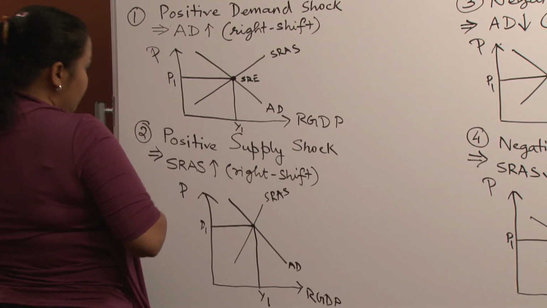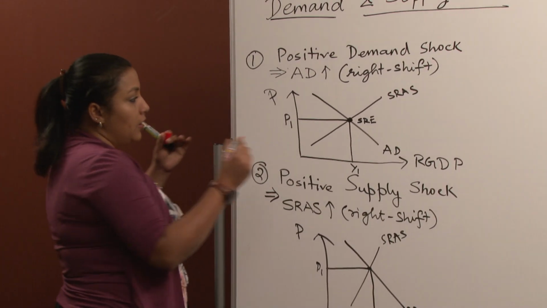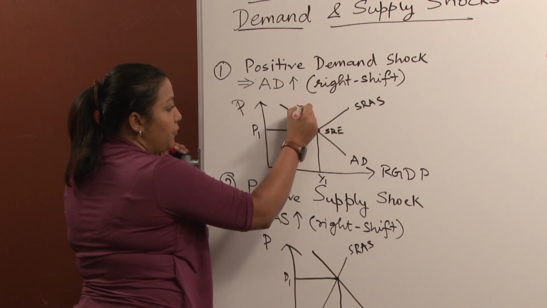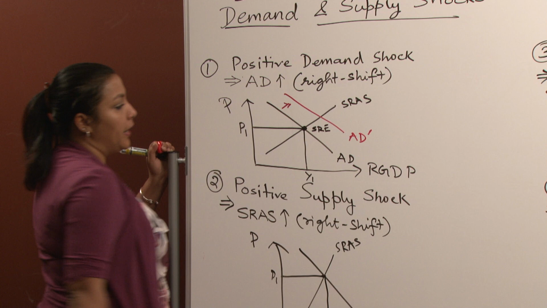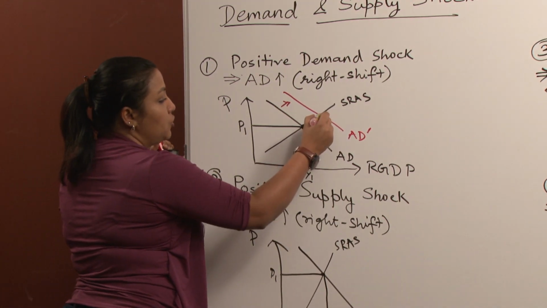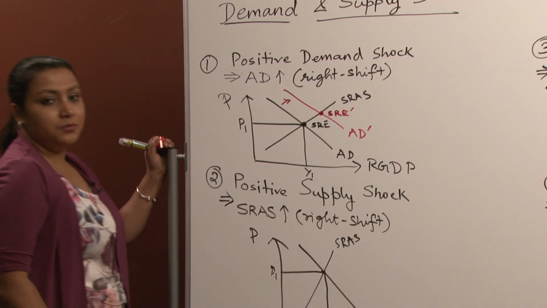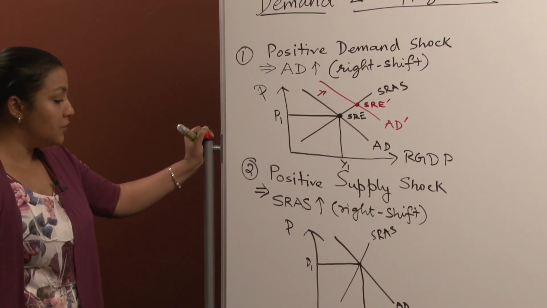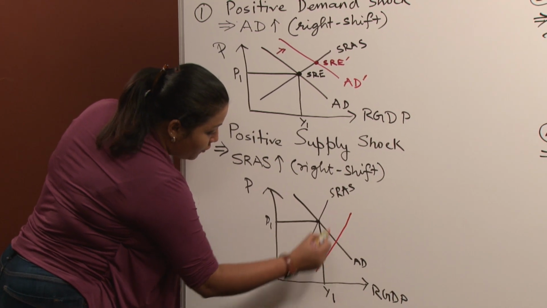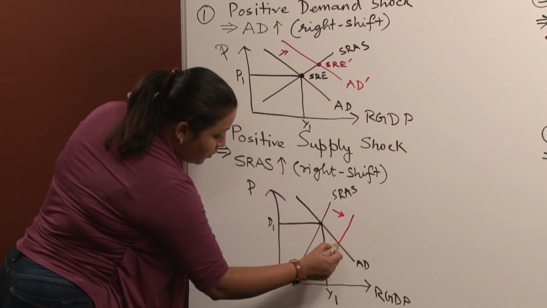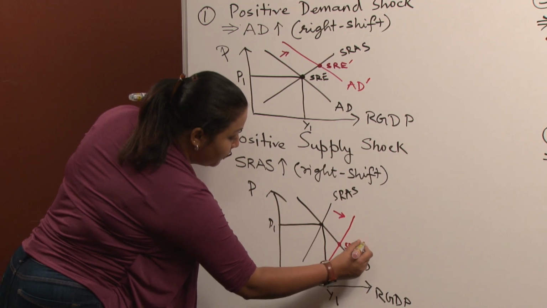Okay. Now, if you have a positive demand shock, that means you have a right shift of the AD curve, AD dash, where you have a new short run equilibrium, let's call that SRE dash. If you have a positive supply shock, that means you have a right shift of the short run aggregate supply curve, so that you have a new short run equilibrium.